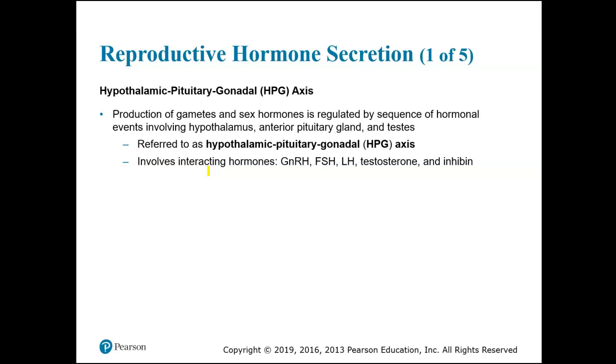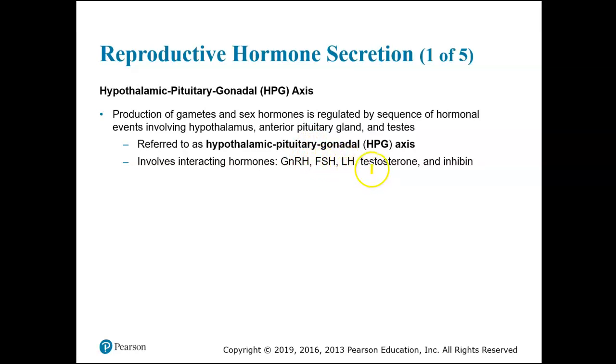So the control of the hormones is the hypothalamic pituitary gonadal axis, the HPG axis. It's the connection between the hypothalamus, the pituitary gland, and the gonads, whether testes or ovaries. The hypothalamus will release hormones called releasing hormones or inhibiting hormones, and they will regulate hormones that are released from the pituitary gland, like FSH and LH.